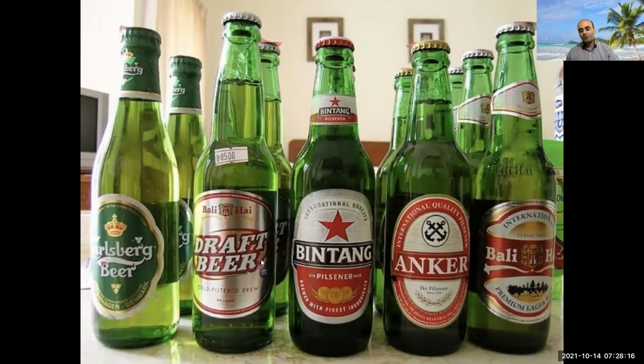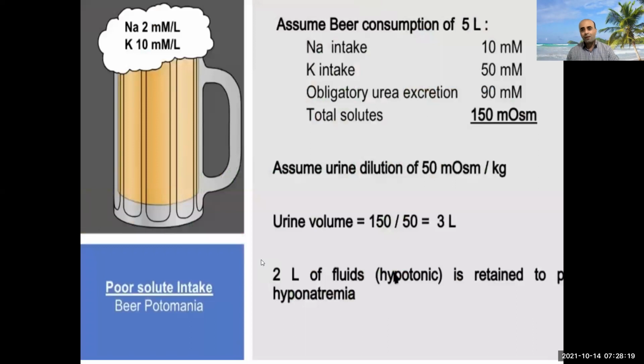Beer potomania. Just for example, I was consulted last week for one patient, around 71 years old. He's drinking around 3 liters of beer per day, and he came with sodium around 118, from his baseline around 126, 127. The patient had congestive heart failure, also on diuretics and others.